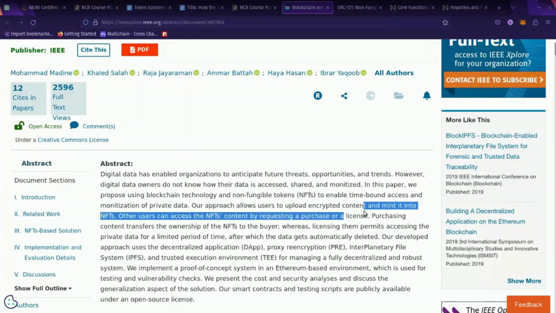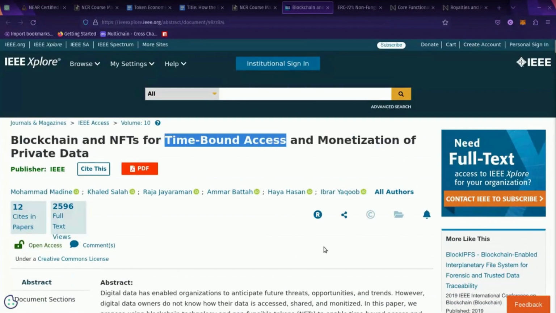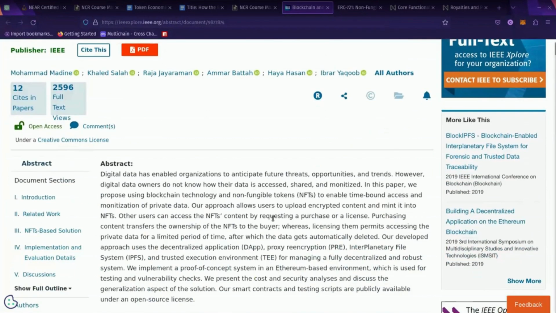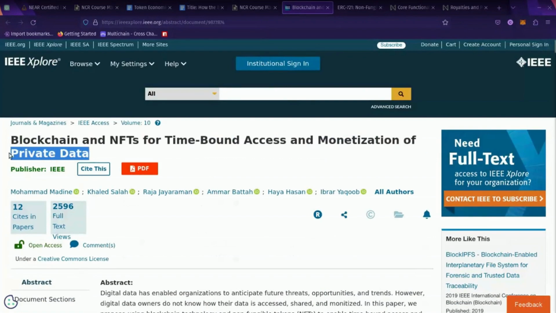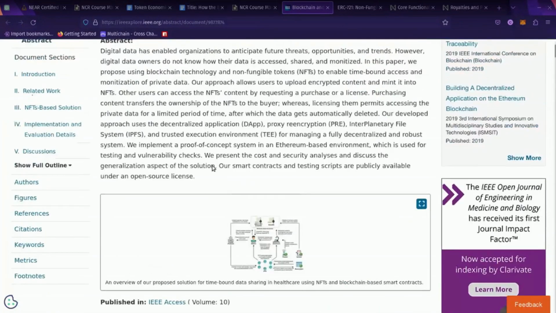Now, a license can still be important because you could imagine someone might only have a month of time-bound access, but they could record that data onto their personal machine, for example, their laptop or their phone, and then still disseminate that data or distribute it after without the rights to do so. So a license is still useful, so that there's still legal protections for the creator and the owner of this private data. So the blockchain doesn't solve every problem, but it does allow potentially for a more seamless process.